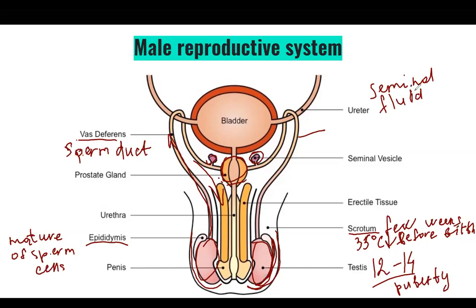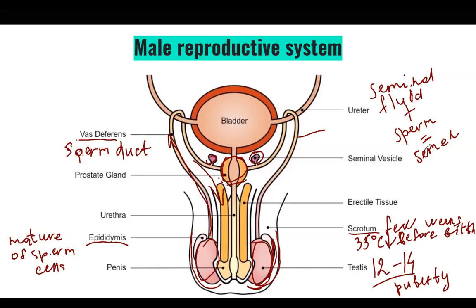So we said that sperm ducts transport the sperm cells which were produced in testes. The mixture of seminal fluid, which was produced by the glands, and sperm cells, we call semen.